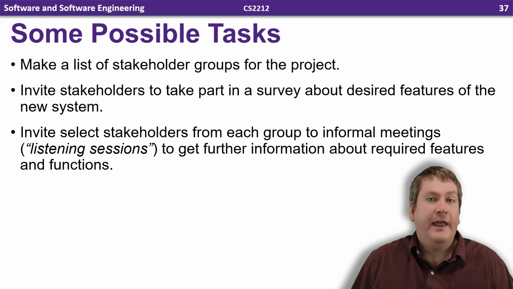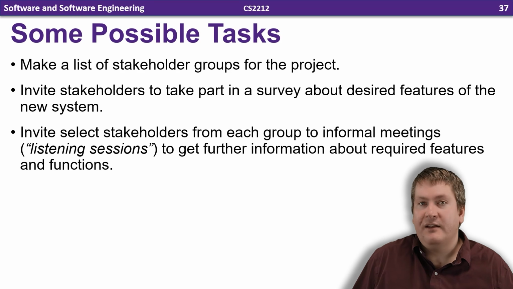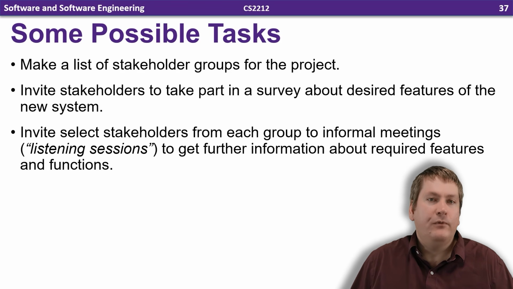A next step on that could be inviting select stakeholders from each group to informal meetings to gather further information about required features and functions. These types of meetings are often called listening sessions, and they act as an open forum where thoughts, feedback, and concerns can be shared.